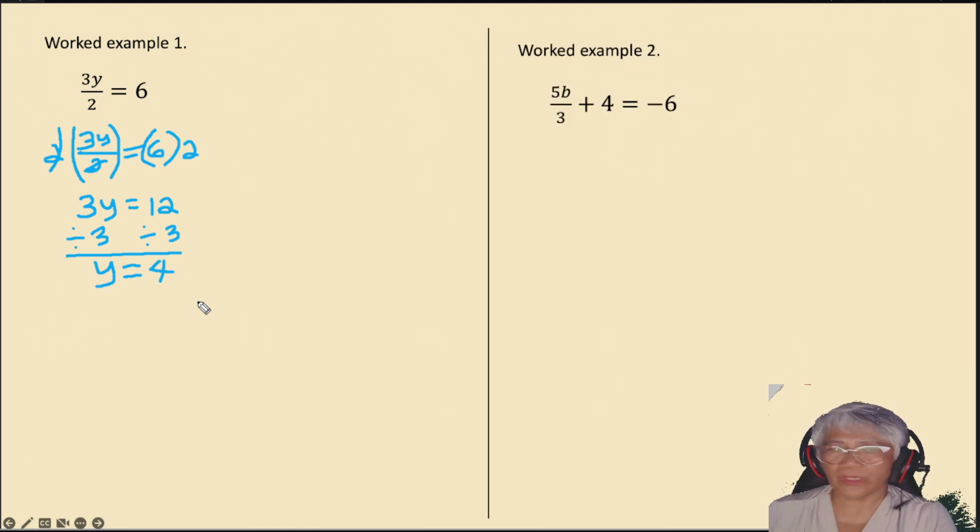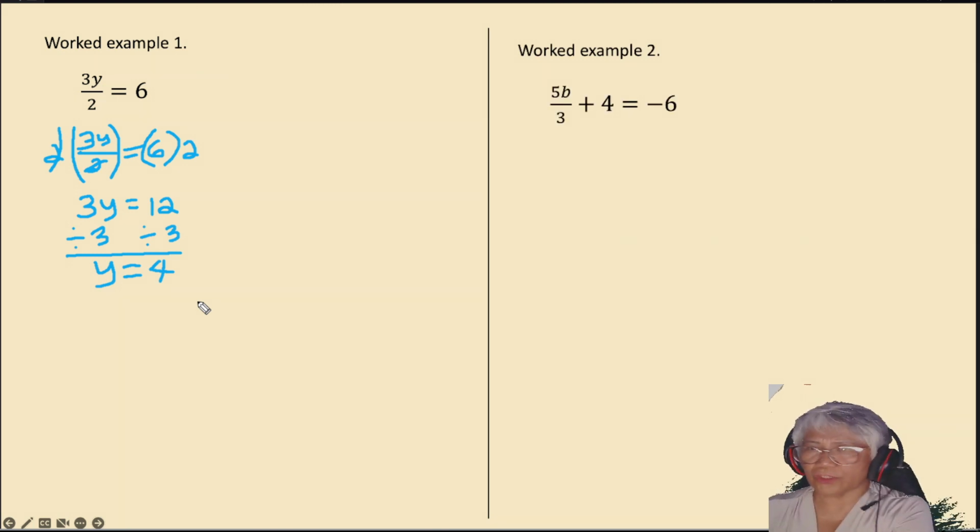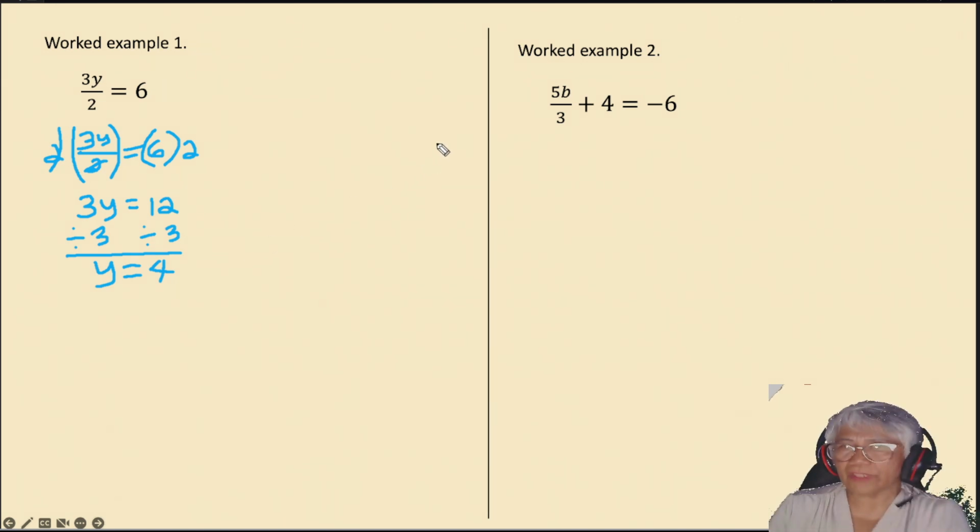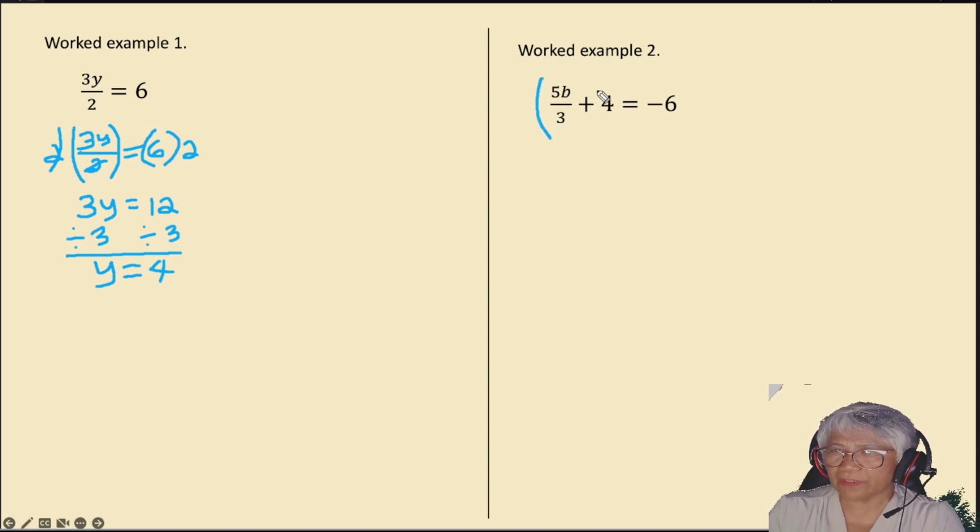So we have that equation. It's a more complex one than the first. What we're going to do first here, since there is a denominator, is multiply this side and the other side by 3.